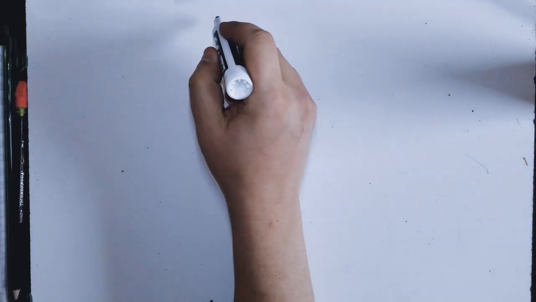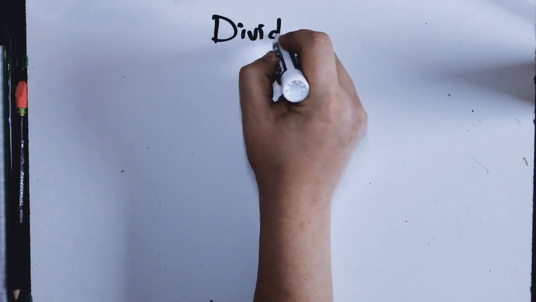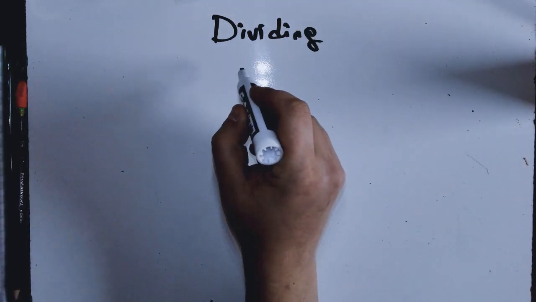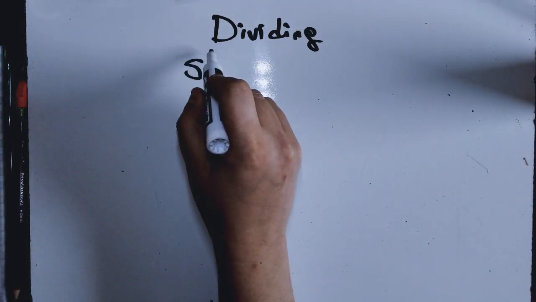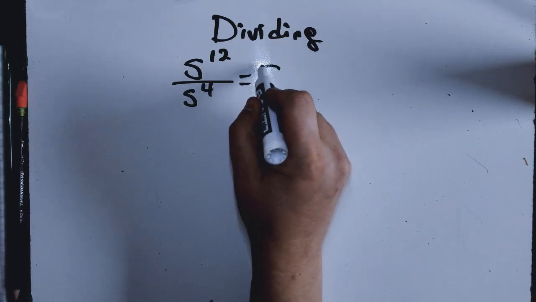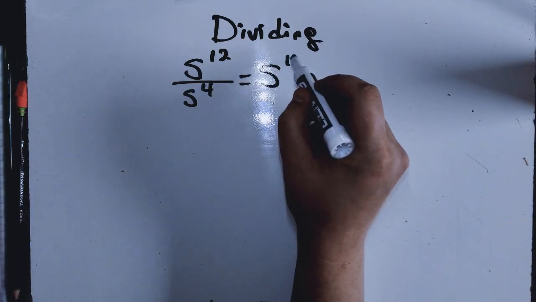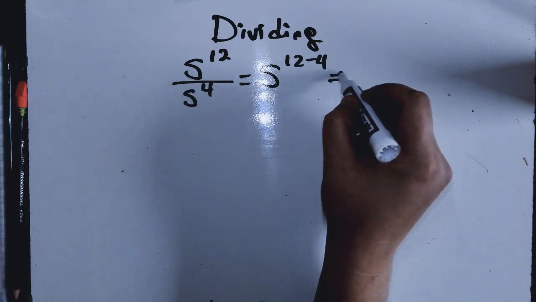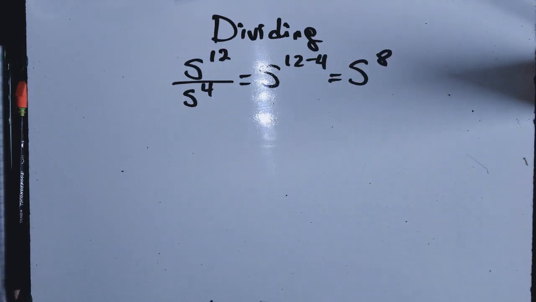So let's do an example of it. Let's use black this time. So, dividing. Let's start with the basic one. s to the 12th over s to the 4th. So my answer is going to be s to the 12 minus 4, which is s to the 8th power.